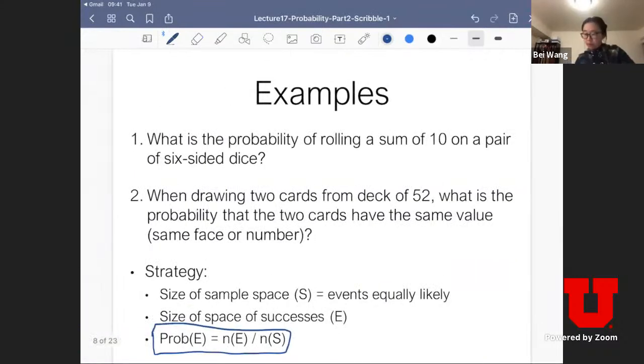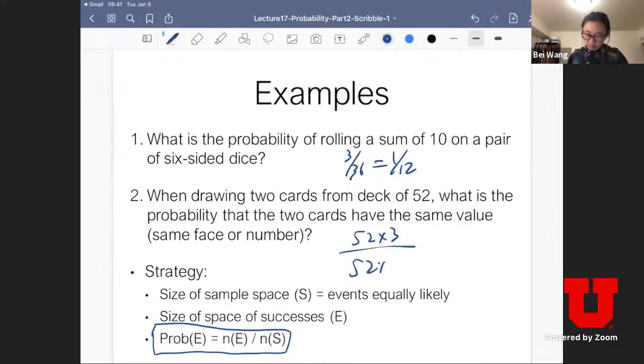And again, to just give you a hint, the solution for the first one is 3 over 36, which is 1 over 12. The solution for the second one is 52 times 3 over 52 times 51, which is 3 over 51.